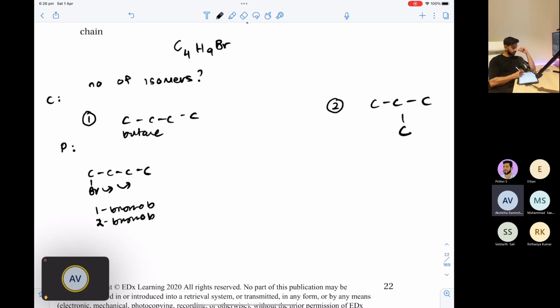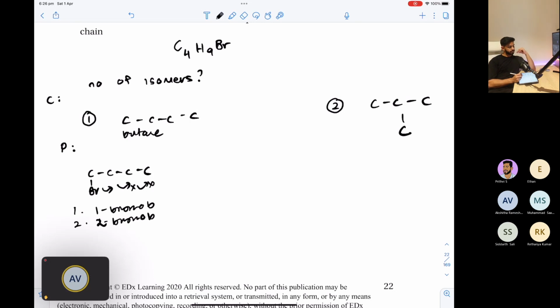Good. So that doesn't count. What if I move it here? 1 as well. Good. So that doesn't count either. So there are 2 positional isomers under the chain isomer of butane.